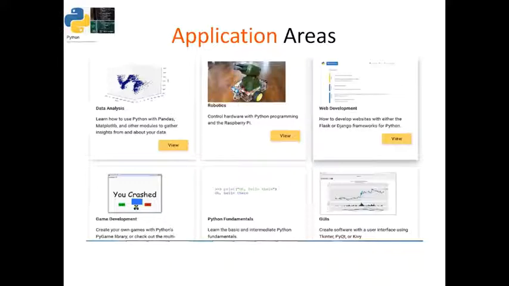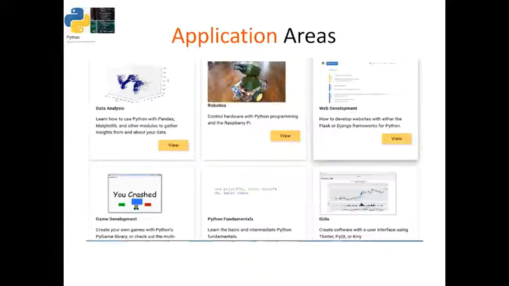The fourth area would be games. We can also implement game applications using the Python language. Okay. The next thing is GUI, graphical user interfaces. We can develop our own GUI application using the Python language.